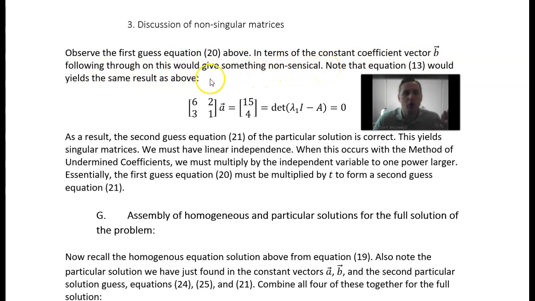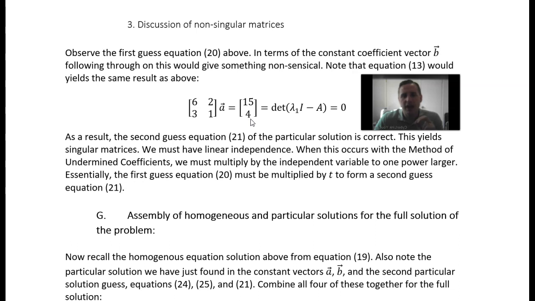Note that you would have found this result. If you'd walked yourself through all the steps, and by the way, I did this problem several times to make sure the answer is correct, you'd have gotten 6, 2, 3, 1, which actually leads to 3, 1, 0, 0 equals this vector on the right-hand side, that 15, 4 vector.